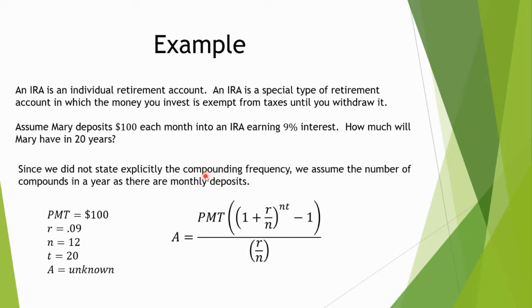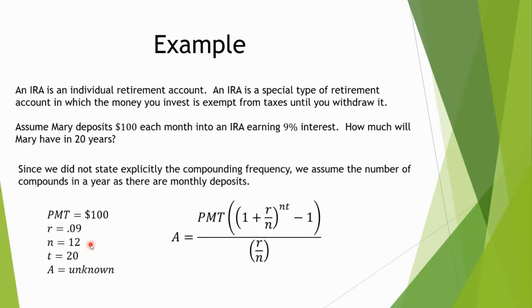All right, so in this case, we know our monthly payment is $100. That's what PMT is, $100. R is 0.09, because that's the interest rate as a decimal. N is 12.